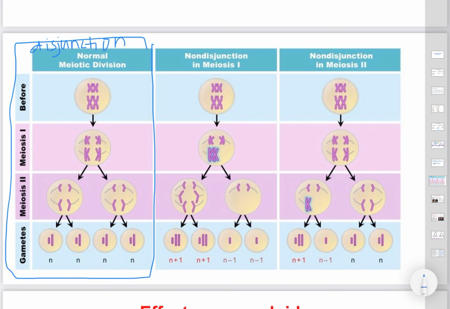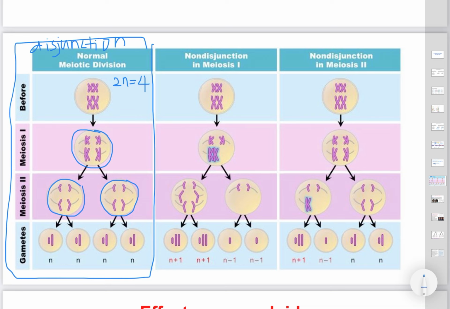Saya tunjuk dulu keadaan normal. At the beginning of meiosis, in this diagram, kita ada parental 2n equals 4. During meiosis 1, the homologous chromosomes separate properly during anaphase 1. Then bila dia masuk meiosis 2, the sister chromatids separate properly to the opposite poles.